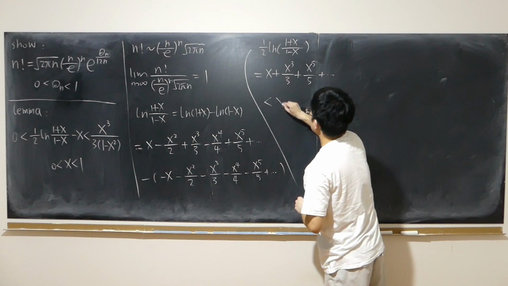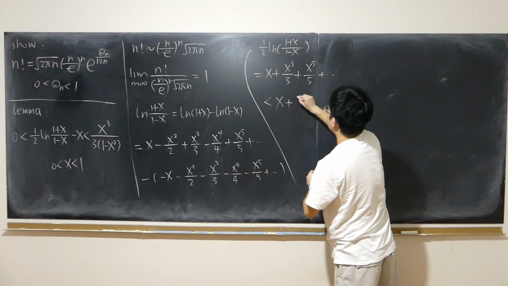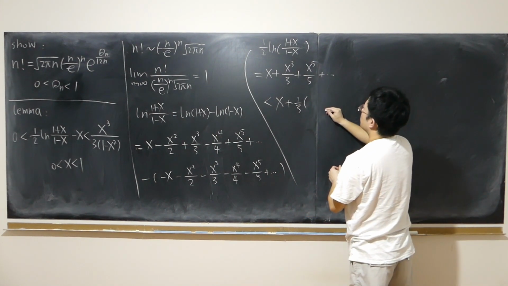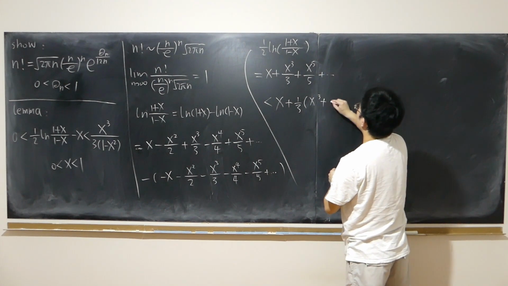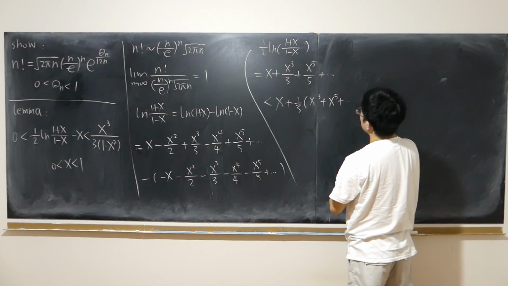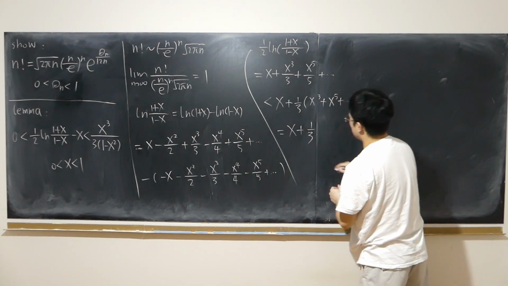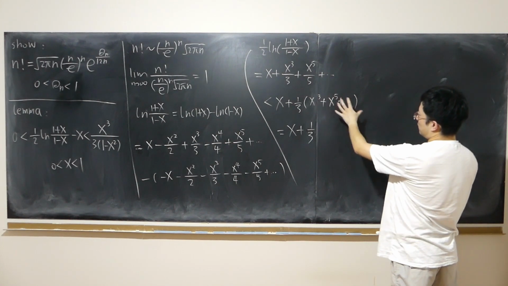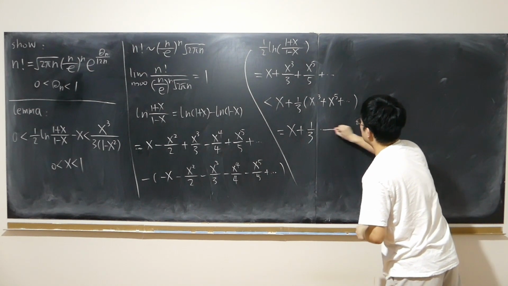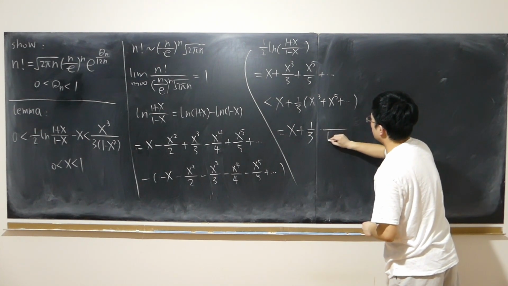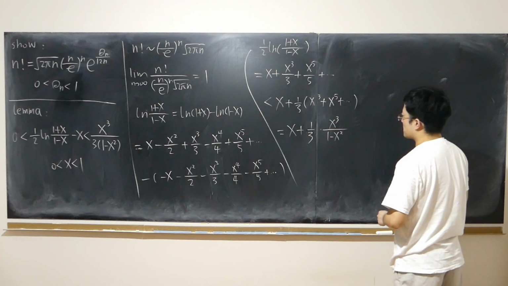So I'm going to copy down this x. I'm going to replace every constant with 1/3, right, factor out x to the power 3 plus x to the power 5 and so on to infinity. So that is equal to x plus 1/3. Right? The formula of infinite geometric series. Common ratio x to the power of 2, first term x cubed, over 1 minus x to the power of 2.